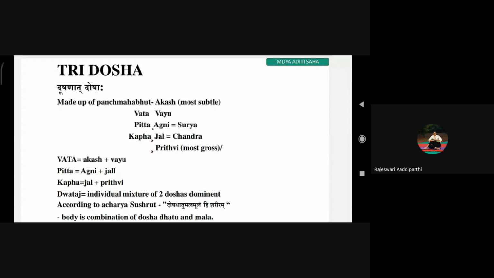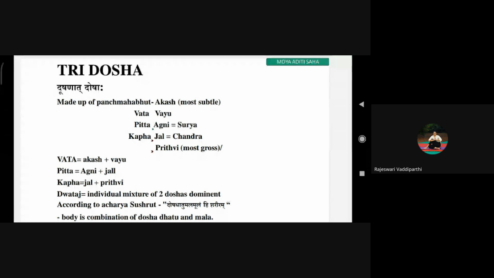Now, let us see the combination of Mahabhuta that makes the dosha. Vata dosha is made up of Akash and Vayu both. Pitta is made up of Agni and Jal.